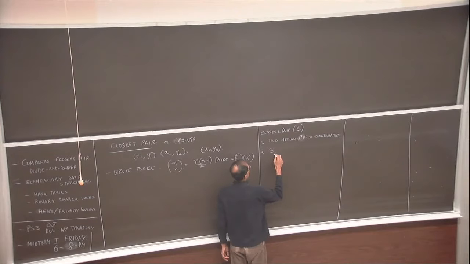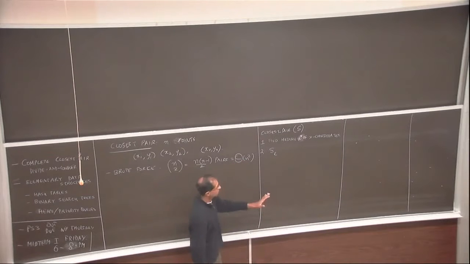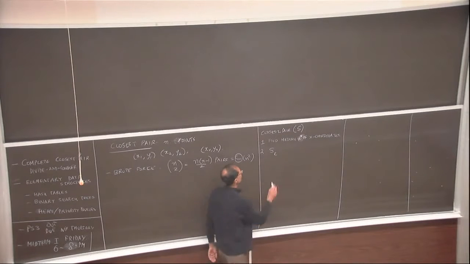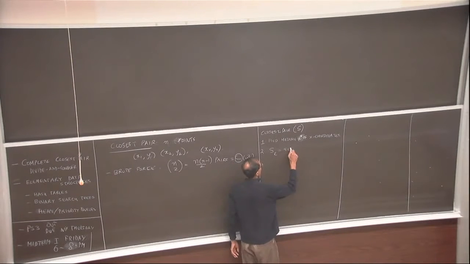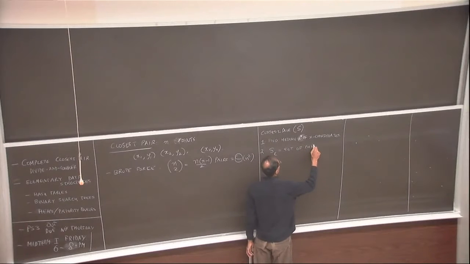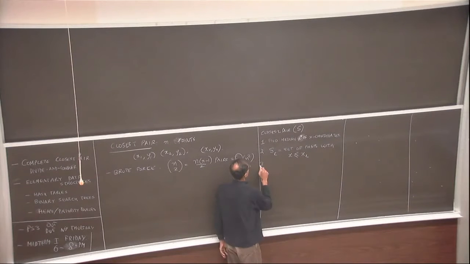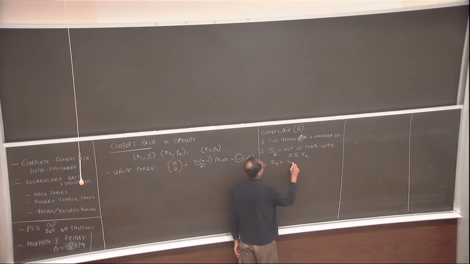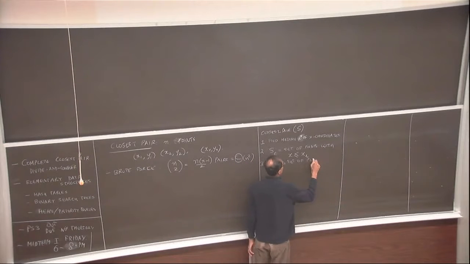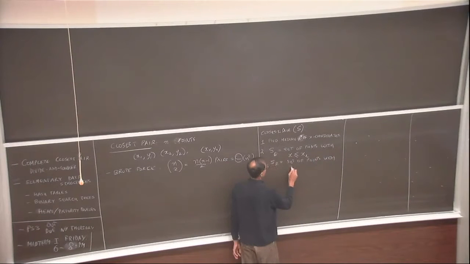Set the points on the left, SL, to be the set of points with x less than or equal to x star, and the right-hand side, SR, is the set of points with x greater than x star.